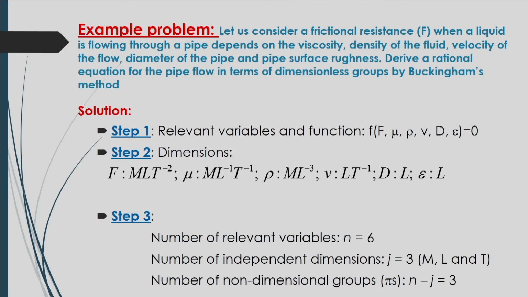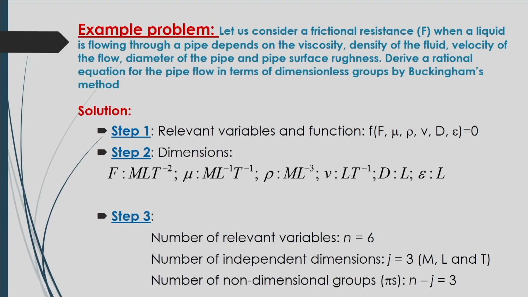In this case also you derive the rational equation based on this Buckingham pi theorem in terms of dimensionless groups. Now, first of all you have to consider as step 1 what the relevant variables and the function are. So, relevant variables are flow resistance, viscosity, density, velocity of the flow, diameter of the pipe and pipe surface roughness.